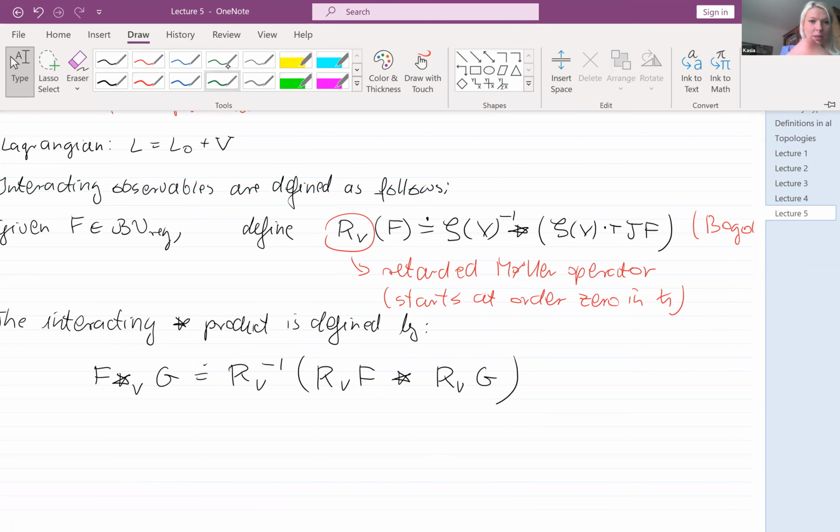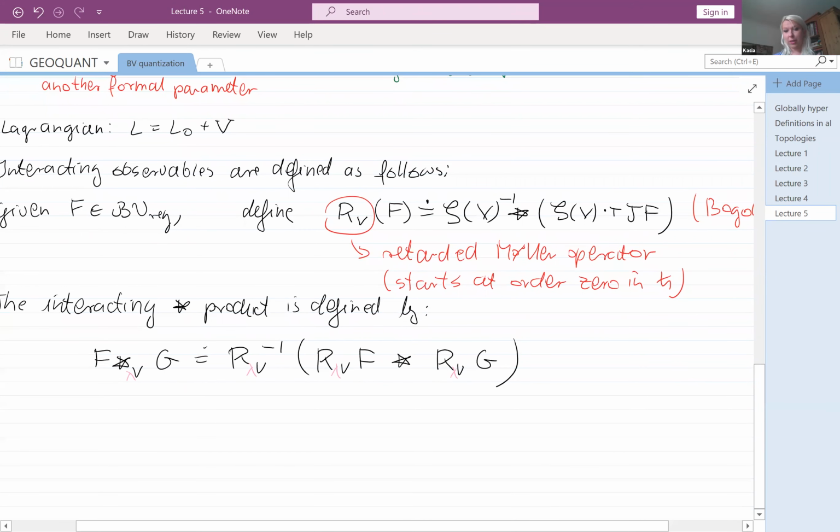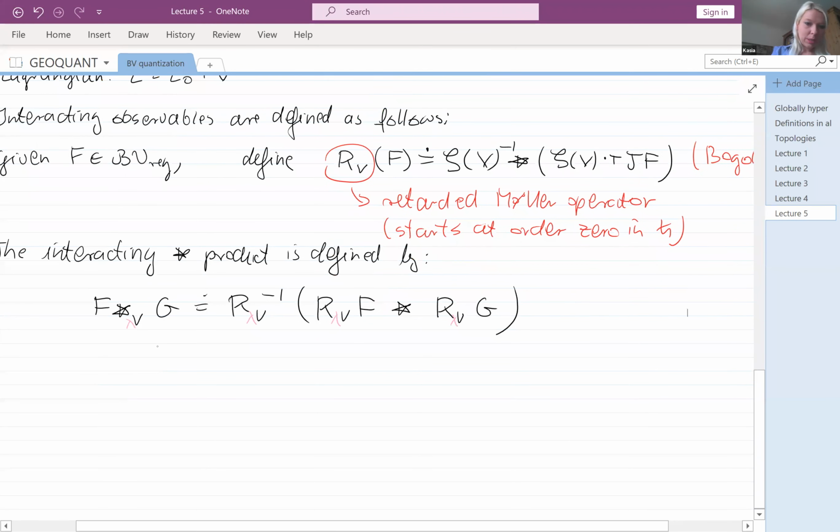So let me put back that formal parameter here. I should always remember to put it. So in principle, this would be a formal power series in lambda as well, but it can be shown that that part can actually be resummed. So this is convergent, or rather can be resummed in lambda.